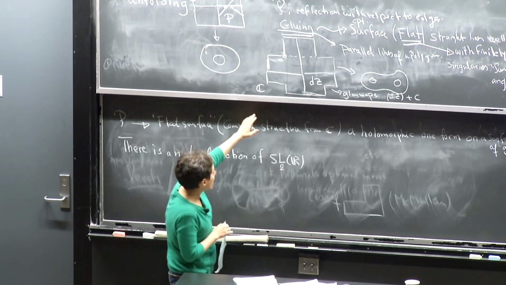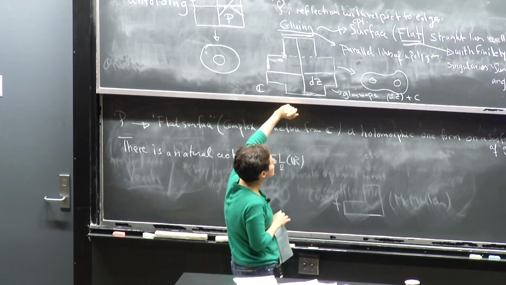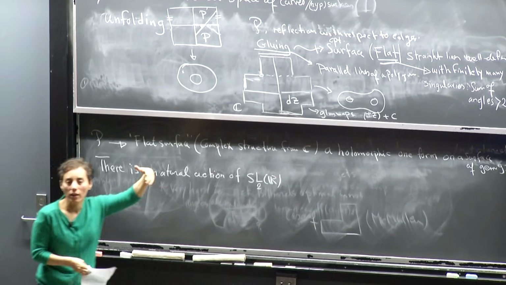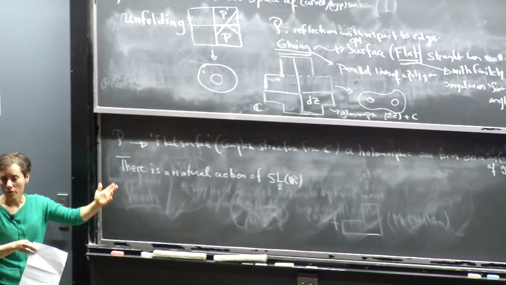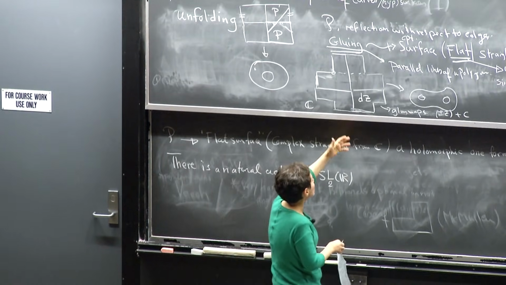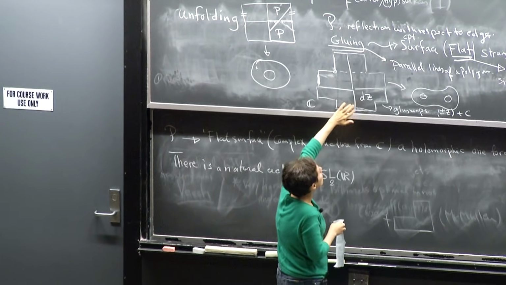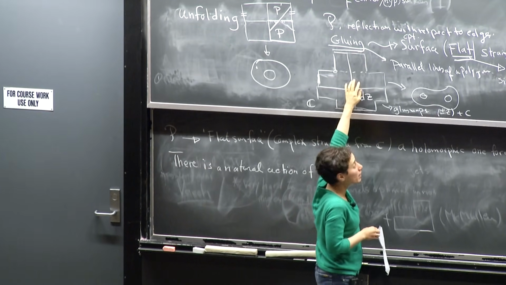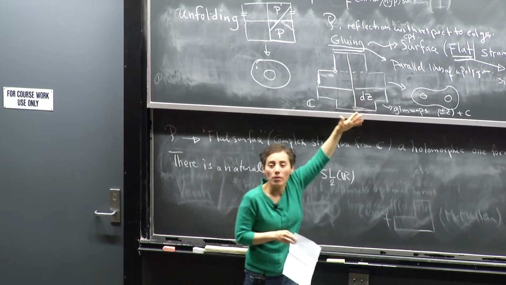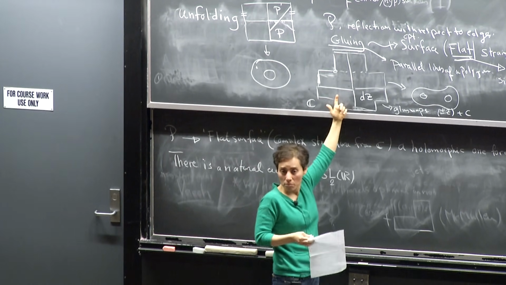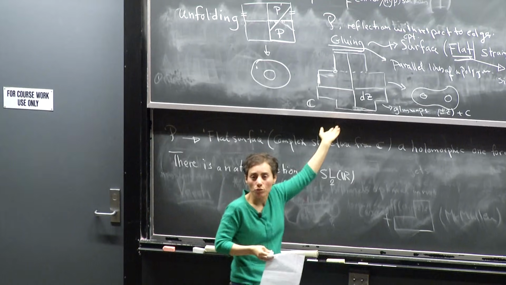SL2R doesn't act in an obvious way on the space of complex curves of genus 2, or at least we don't know. There doesn't seem to be such a nice action. But if you have a holomorphic one form which comes this way from gluing parallel edges of a polygon, SL2R does act on C, which is R2.